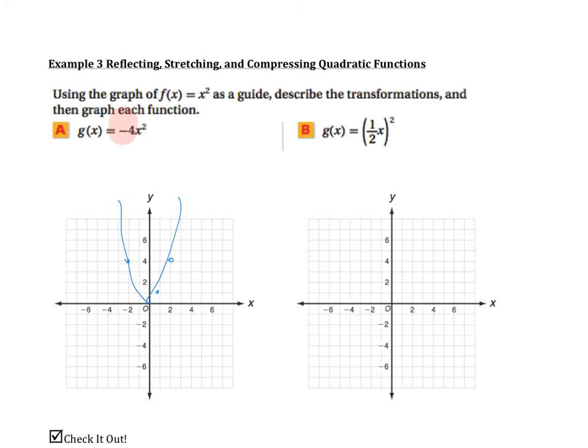So when I graph the transformation, the negative means a reflection across the x. And then the 4 is a vertical stretch. So two things are happening here. It's turning upside down, and it's coming in.